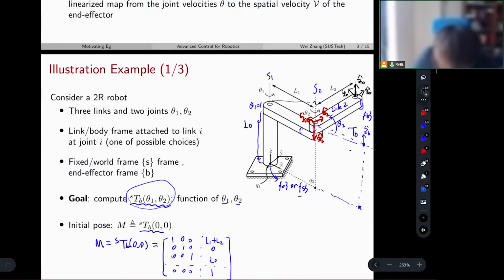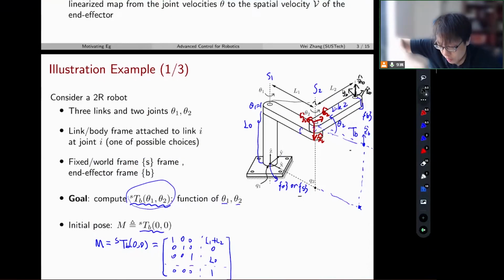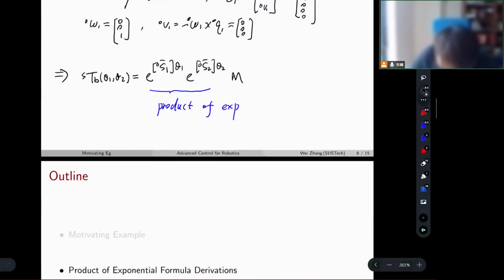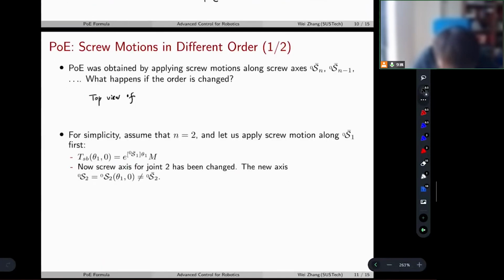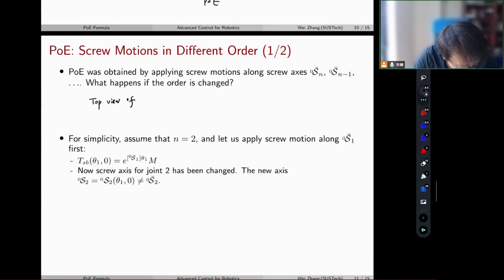Remember this guy, it's a 2R robot, three links, two joints. If we look at this robot from the top, these two arms are on the same plane. So we will have something like this: L1, this is L2, and suppose there's a gripper here.